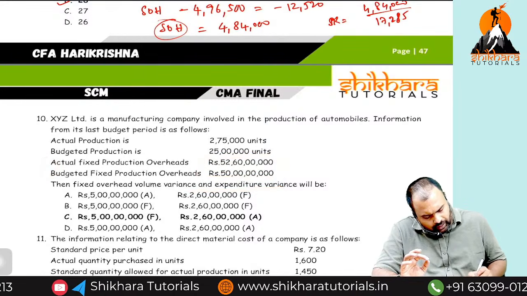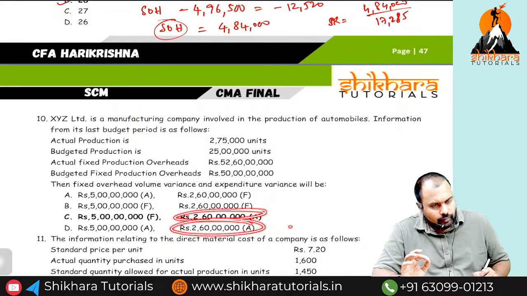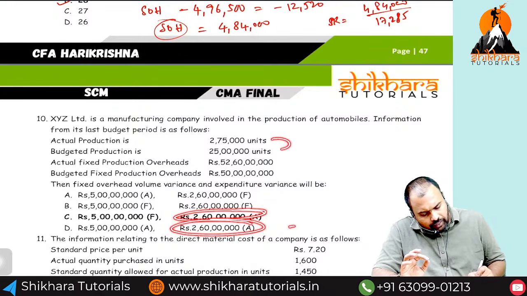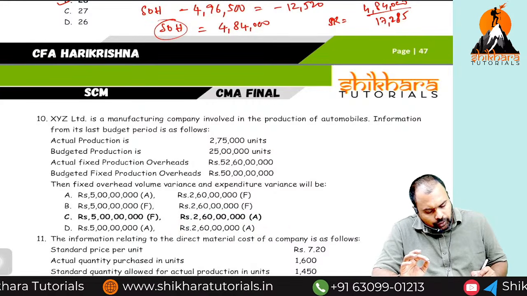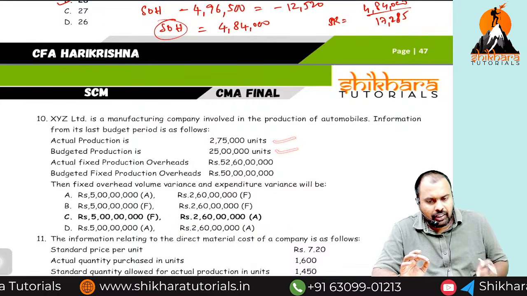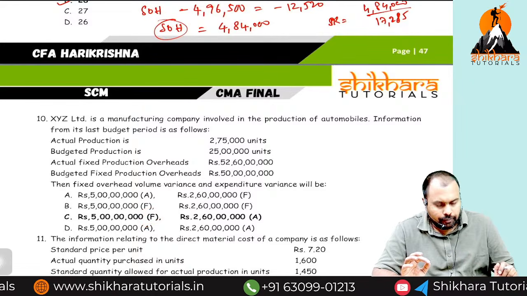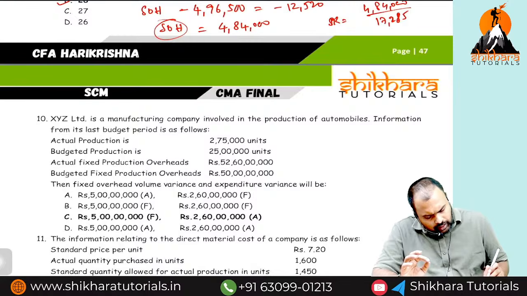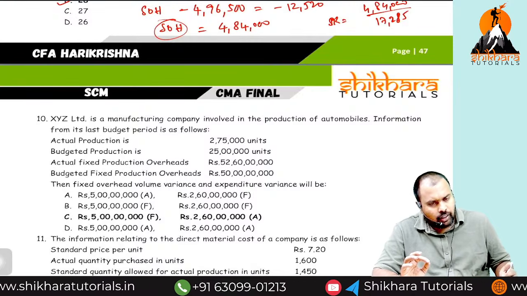So there are two options available. Clear? And volume variance, if you see, that is favorable, because I told them to produce 2,50,000, but they produced 2,75,000. They produced extra units, so the volume has to be favorable. Clear? Let us say, if you have to find out volume variance, then how should we find it?